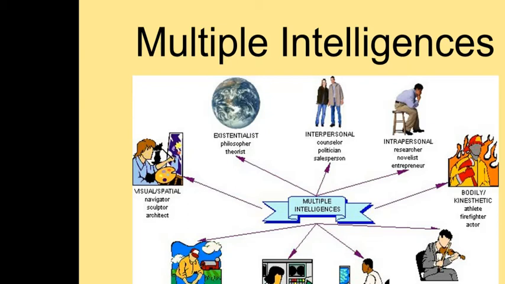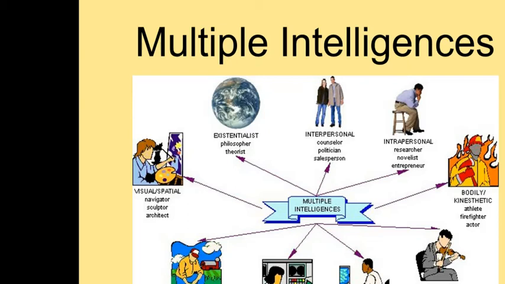But Gardner essentially said there are various multiple intelligences. So people are good at, for example, intrapersonal, understanding themselves, interpersonal, working with others, bodily kinesthetic, sportsperson, athlete, firefighter, etc., visual spatial, sculpture, artist. I'm not going to go through each one of them, but the point is we're good at different things.